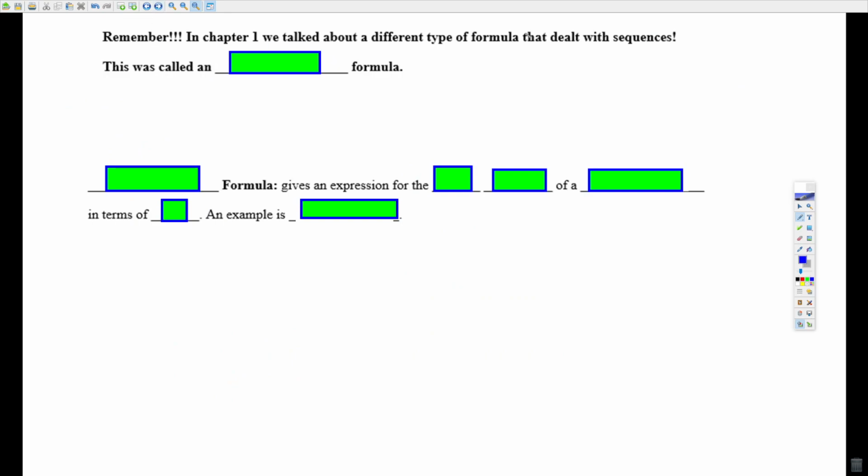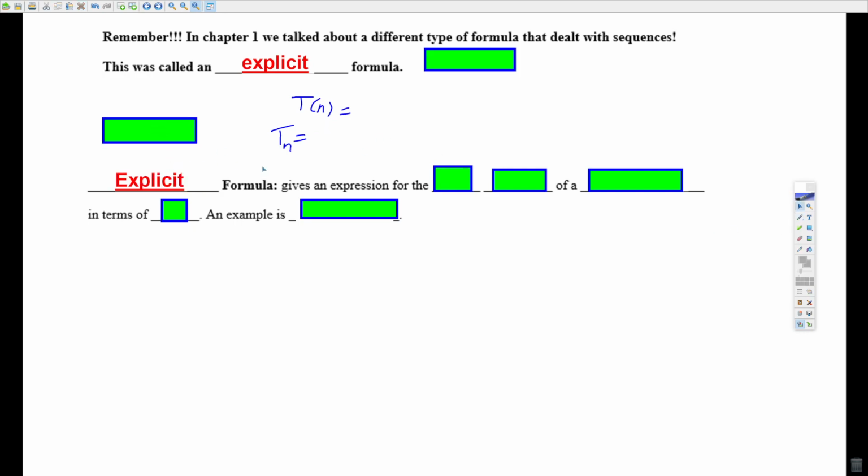So remember in chapter 1, we talked about a different type of formula that dealt with these sequences. The ones we just did so far were called recursive. We also did one just last time, which was called explicit. We had a formula for that, explicit formula. So if you remember, instead of doing t of n, explicit means you do t sub n when you do formulas in these equations.